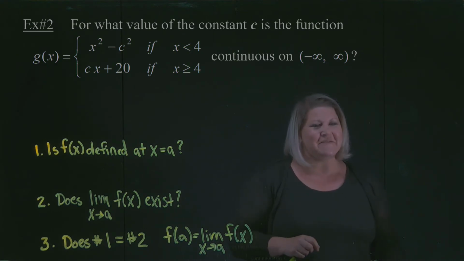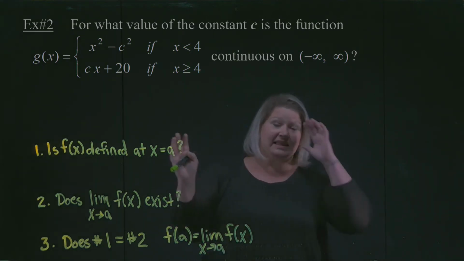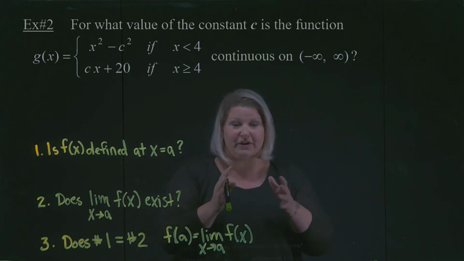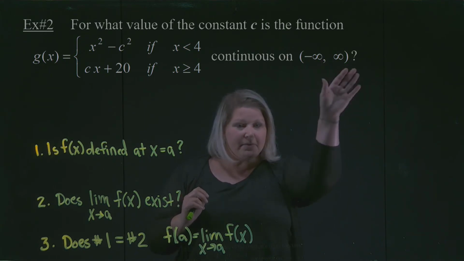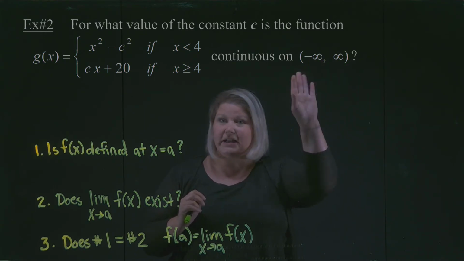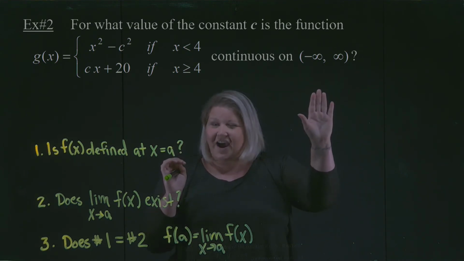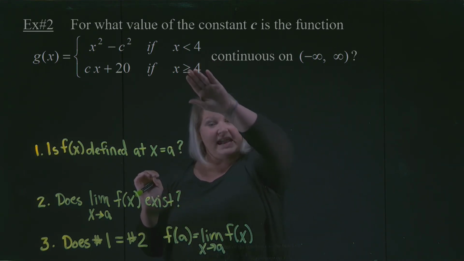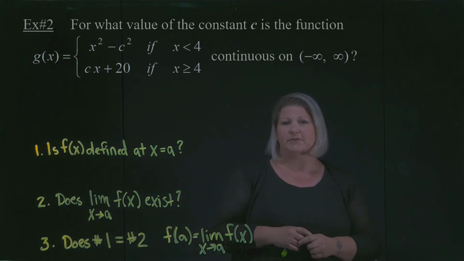That may seem like a big deal, but keep this in mind. Right now, the only thing that we're having a question about is 4. From all the numbers forever and ever, amen, from negative infinity to positive infinity, we are just going to look at the handoff point for the piecewise function, which happens to be x equals 4.